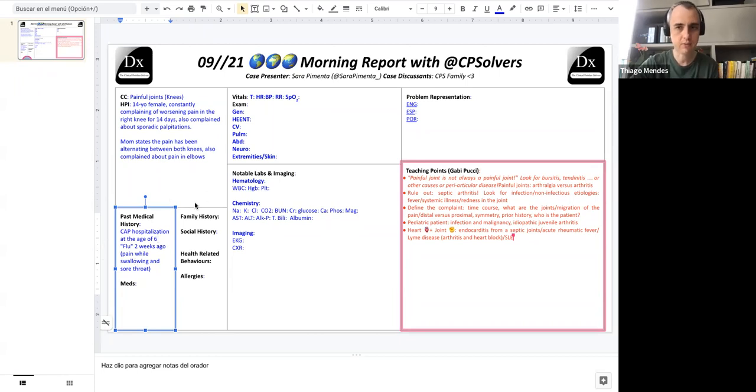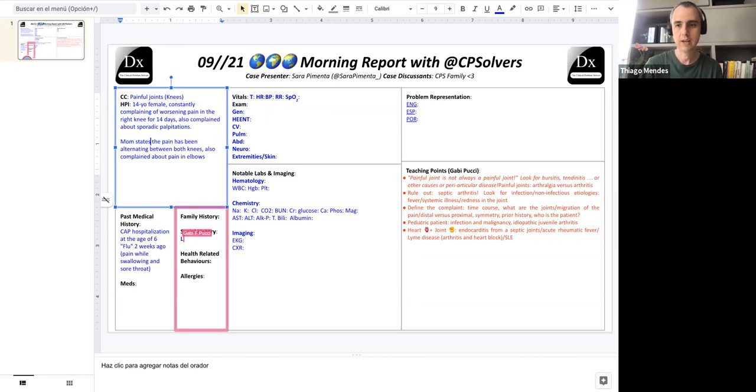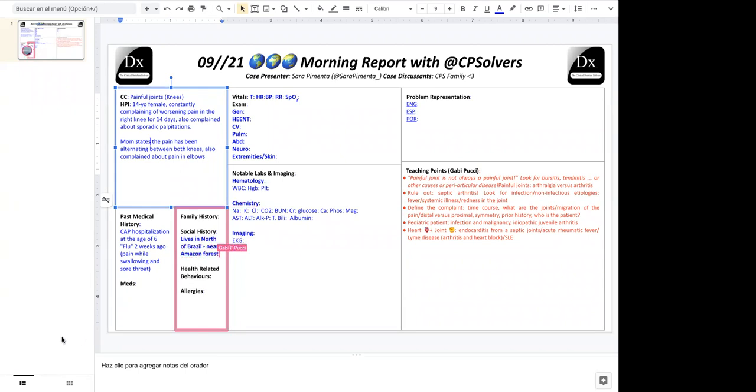I don't see patients like this one, but in a country like ours, especially in places where people don't have access to medical attention, it's something to keep in mind, because acute rheumatic fever is a complication of a strep sore throat that can be preventable by using antibiotics. So it's not common in places where you have medical attention, but here it's something to keep in mind.